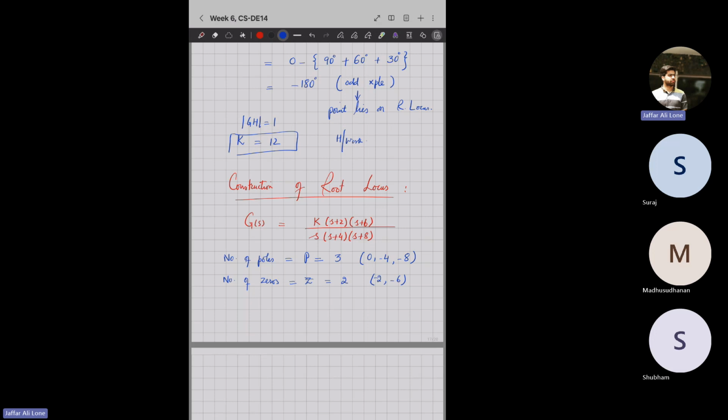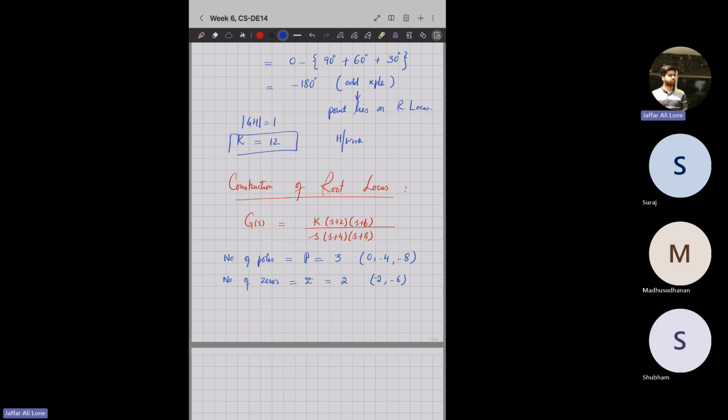The number of branches of the root locus is given by the number of poles. So if there are 3 poles, there will be 3 branches, right? The number of branches which will terminate at zeros for this problem is only 2.